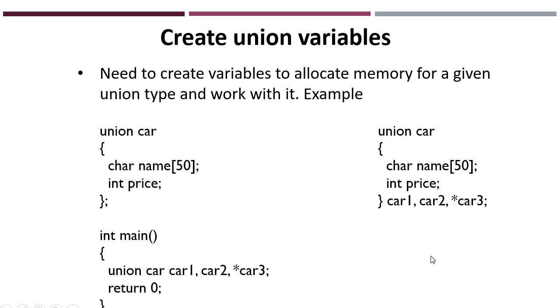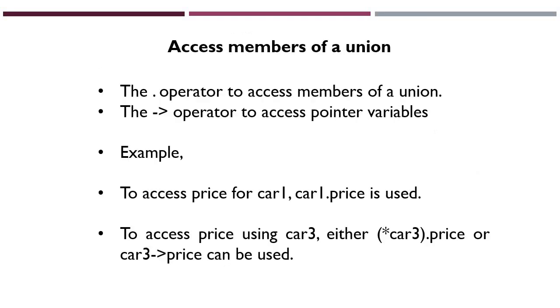This is the second type, as we explained earlier during the syntax slide: union car, and inside the curly brackets we have mentioned char name[50], int price, and after that car1, car2, the same thing, but we can give them immediately after creating the car union.